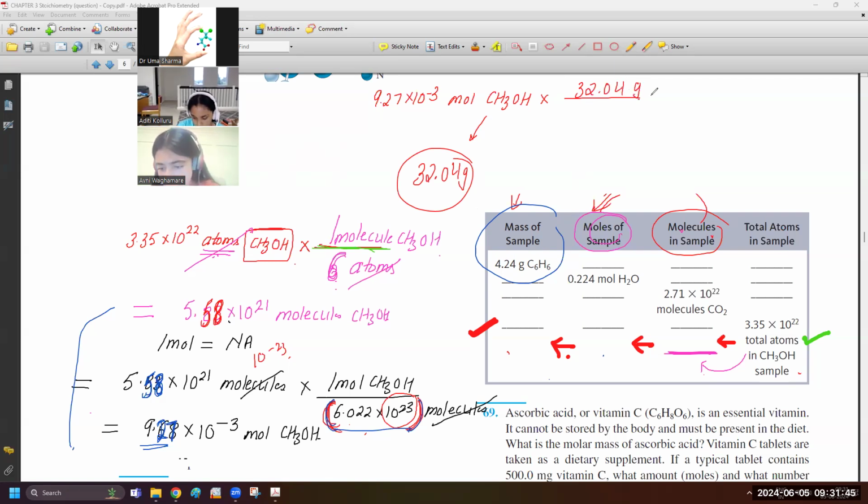I'm not going to write per mole because in the denominator I'm writing a mole. I got 32.05. It's okay, dear. One last number is always uncertain. You can play with it. This digit is uncertain.